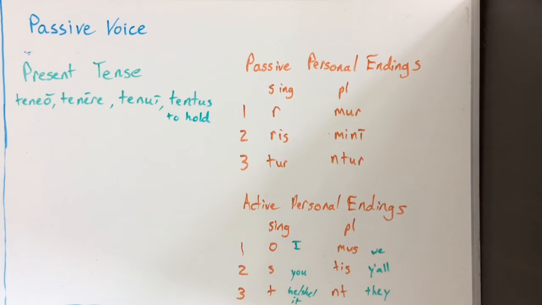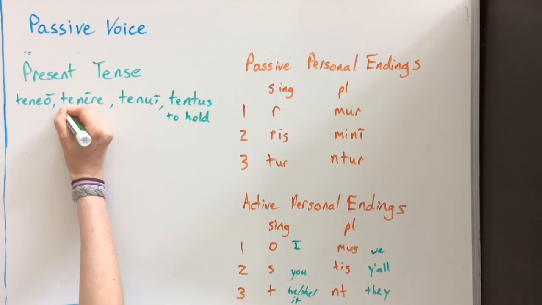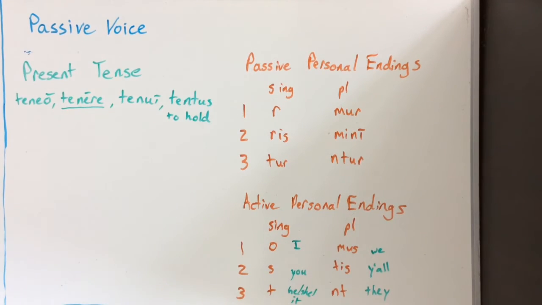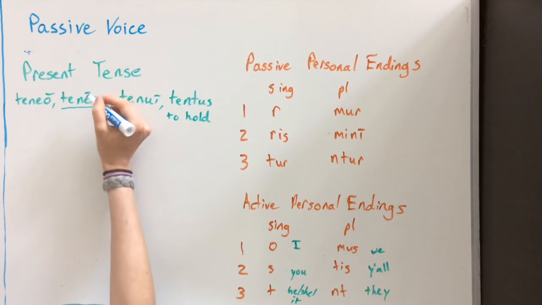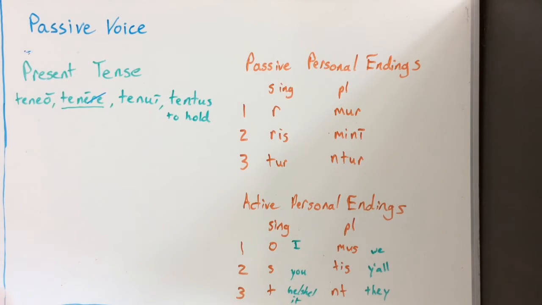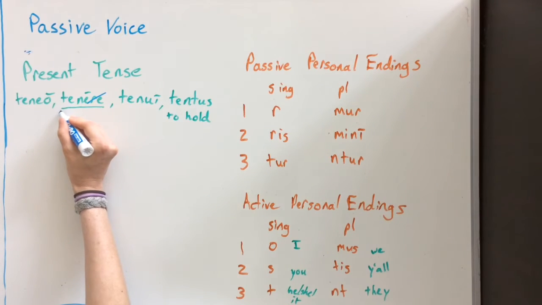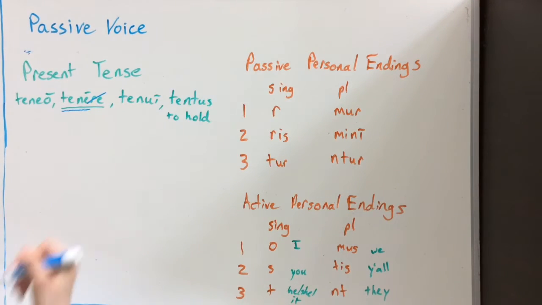Don't confuse it with habeo like I just did. So teneo is to hold versus habeo is to have. Just like in the active, we're going to use that second principal part to create our present stem. So we will remove the re and just use tene.